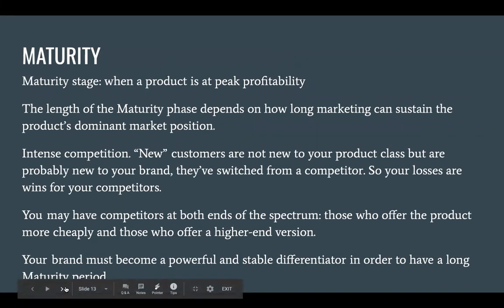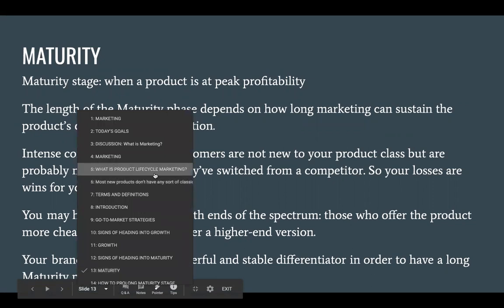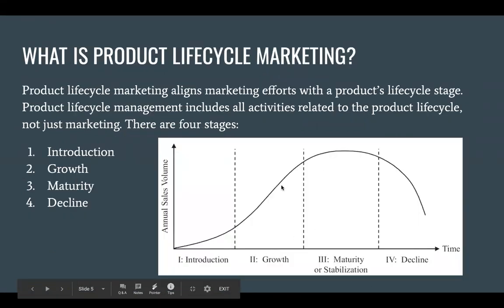And during maturity is when your product is at peak profitability. So let's look at the picture again. You see intro, growth, and maturity. Some people call it stabilization, but I call it maturity. So this is when you see it hit the top of the bell curve here.